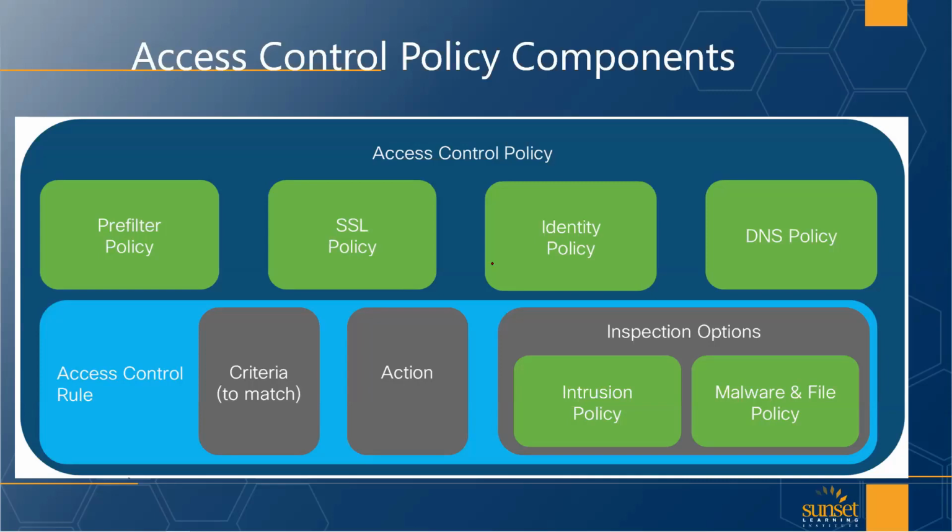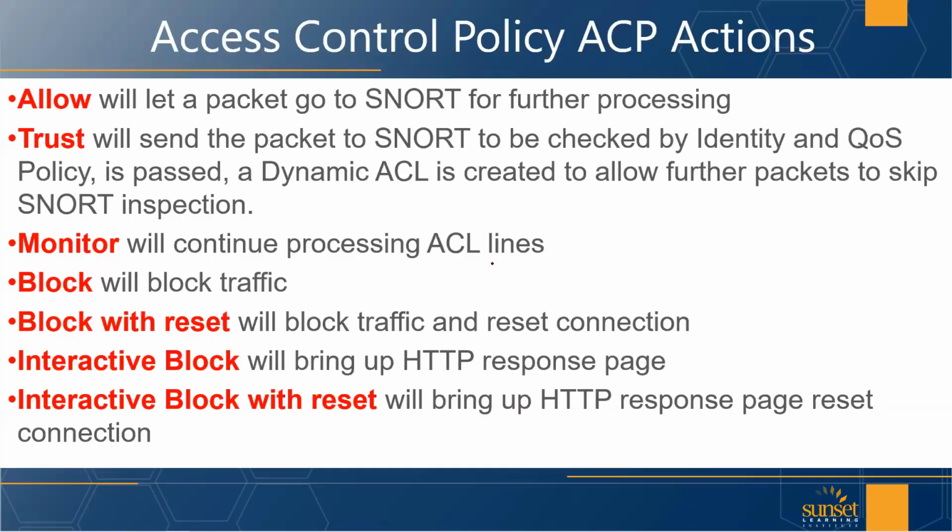We're going to cover all these policies. And then we actually have access rules that we can also do. So we have an overriding policy that has these sub policies and rules that allow us to get much more granular with traffic.